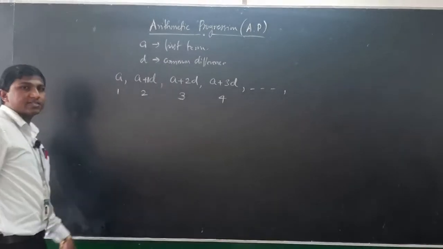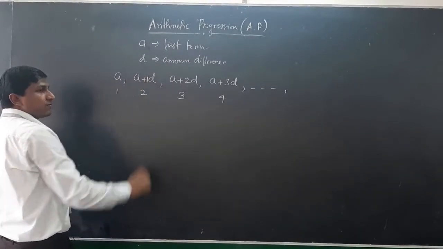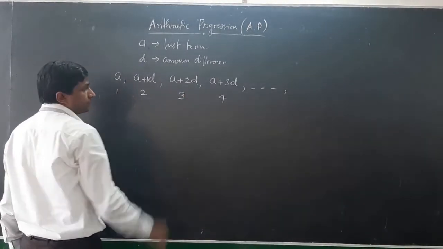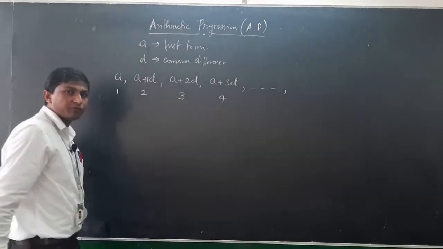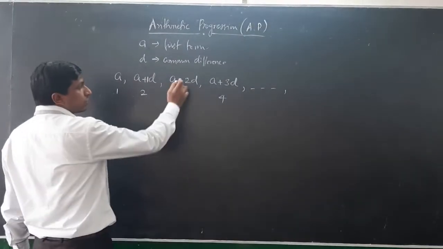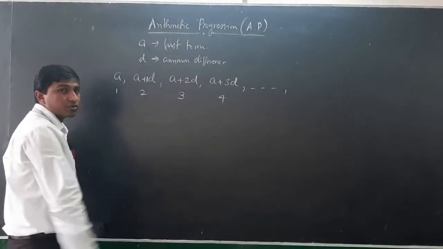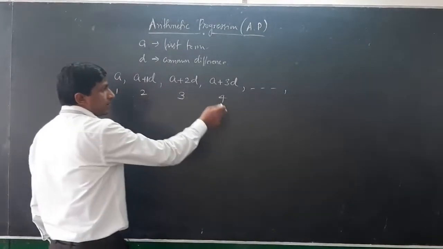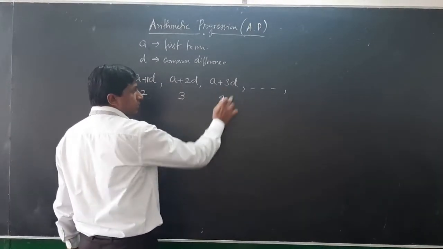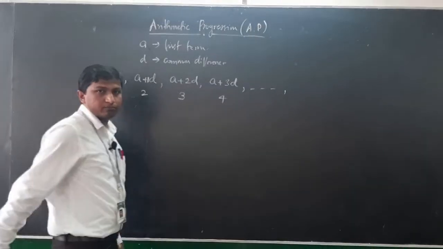It is the second term, so the position is 2. Similarly, the coefficient of d is 2, but the position of the term a plus 2d is 3. Again, the coefficient of d here is 3, but the position of the term a plus 3d is 4.